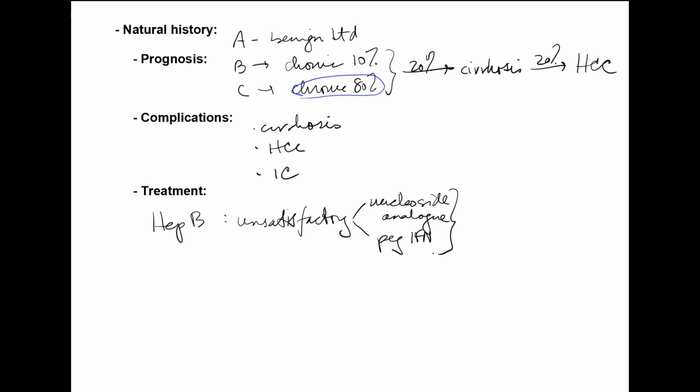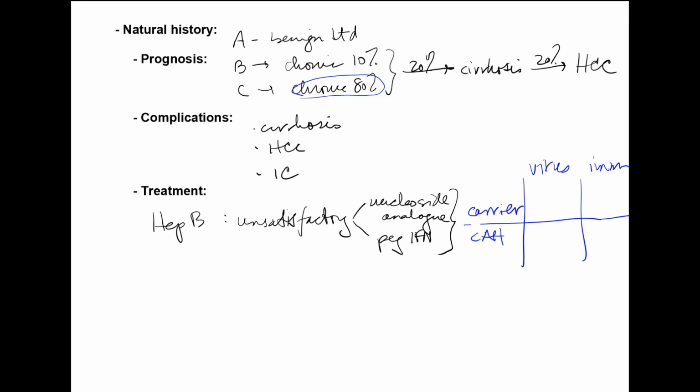And so for hepatitis B, it is important to differentiate carrier status from chronic active hepatitis, which has much higher likelihood of going on to cirrhosis. And this is done by looking at two things: by looking at the activity of the virus and by looking at the intensity of the immune response.